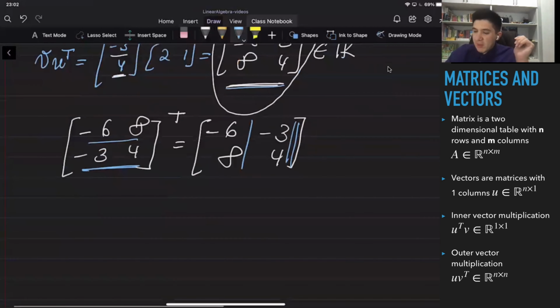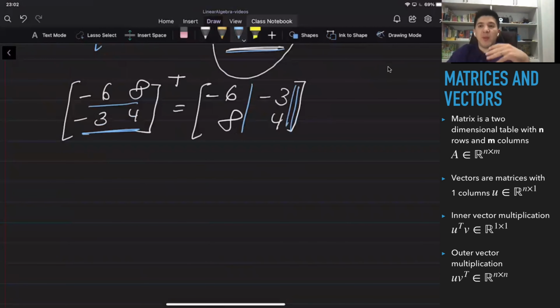So what we've learned in this video: we've learned about matrices, that they are two-dimensional tables. Matrices always come with their dimensions, basically the number of rows and the number of columns. Then we've learned about vectors, which are always just one-column matrices. And later on, we've learned about the addition of two vectors, which is straightforward.